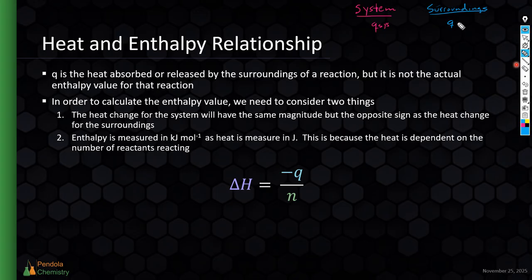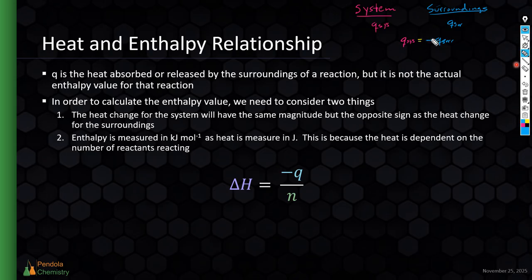So the Q for the surroundings, I'll put here surroundings, and the Q of the system are going to have a relationship where they have the opposite sign. Q of the system is going to be equal to the negative Q for the surroundings.